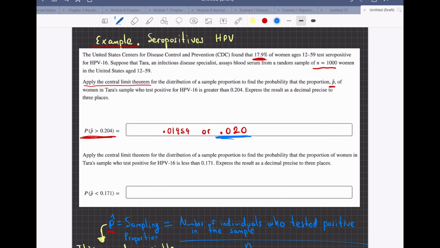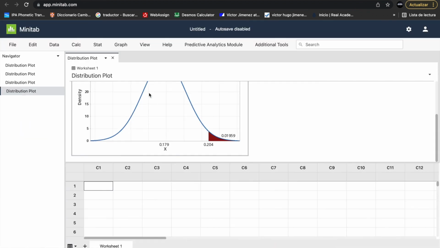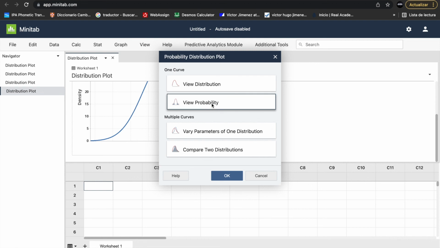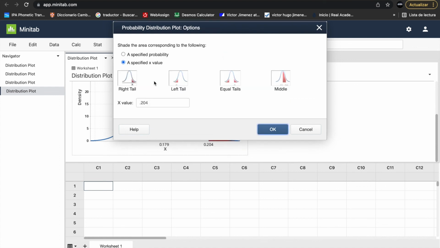And for the other one, you will have to do the same thing, but now notice you are going to change the number and the sense of the inequality. So we do the same: Graph, Probability Distribution Plot, View Probability, OK. Now this is the same. Options. Now we need to use a left tail and change the value of X, which is going to be 0.171.